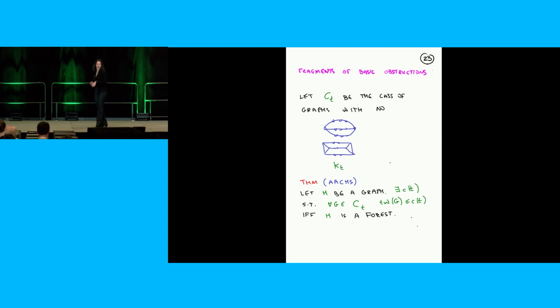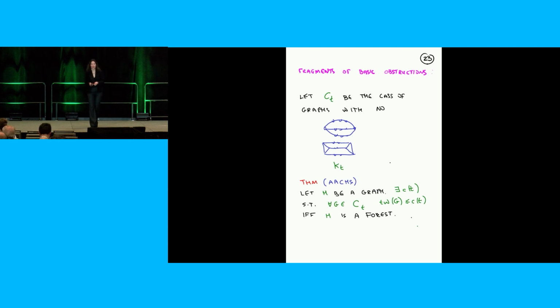Let me not explain it, but let me just tell you that this is a fragment of a subdivided wall. Every subdivided wall contains one of those. And this is a fragment of a line graph of a subdivided wall. Every line graph of a subdivided wall contains one of these. So let's say I exclude this and I exclude that. And I exclude K_t.